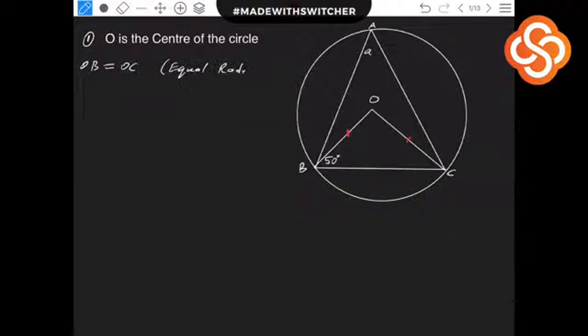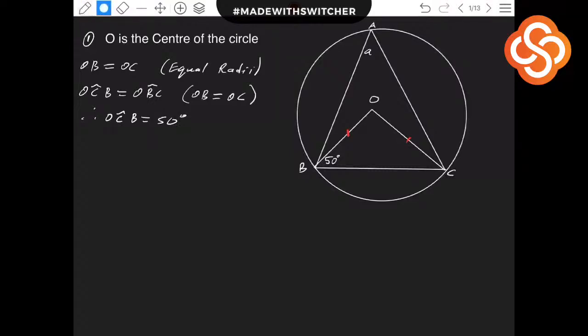So now we can see that in fact angle OCB has to be equal to angle OBC, and the reason for this is because OB is equal to OC. Therefore, OCB is equal to 50 degrees.